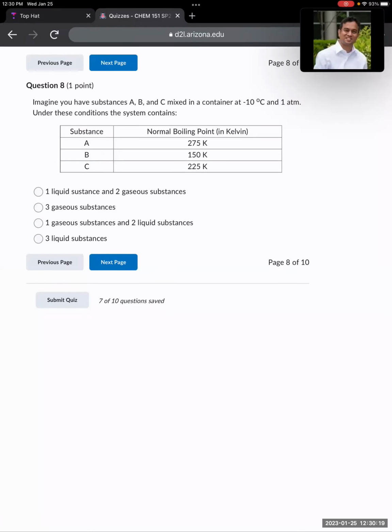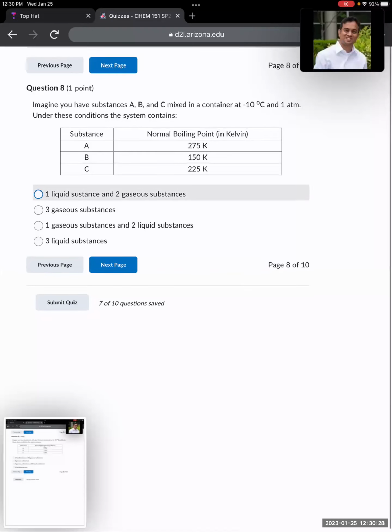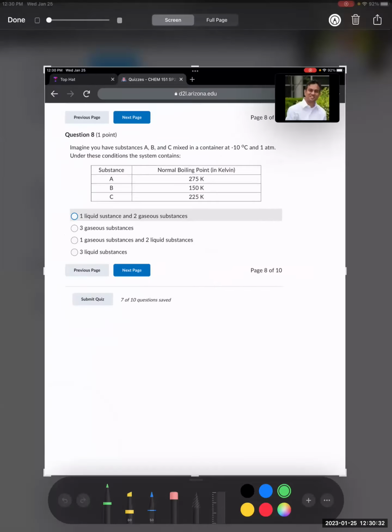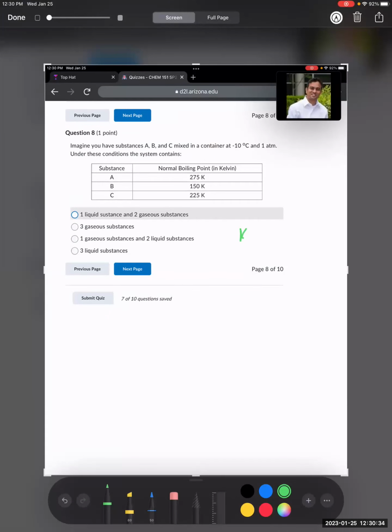If you want to convert this to Kelvin, remember the Kelvin temperature is 273 plus Celsius. So that should be 273 plus -10, which is 263 Kelvin.